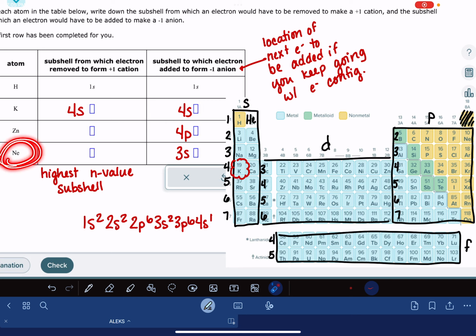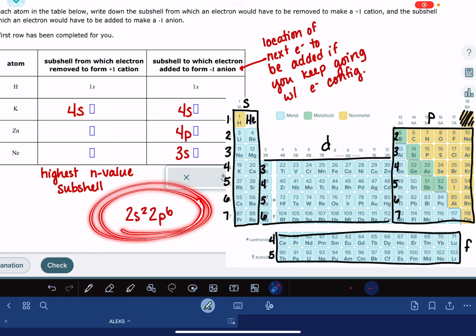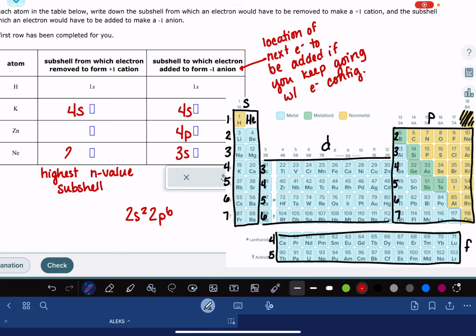Let's just keep going. Actually, I'm going to skip down to neon. We'll do neon next. Okay, so for this, again, we're looking for the highest n value subshell. So the electron configuration for neon is going to be 1s2, 2s2, 2p6. The highest n value is n equals 2, and of these, we're looking for the highest energy subshell, which is the last one that we added electrons to, the 2p subshell.